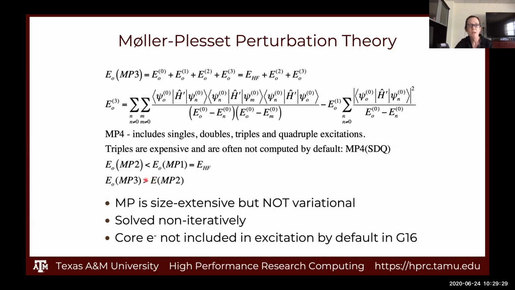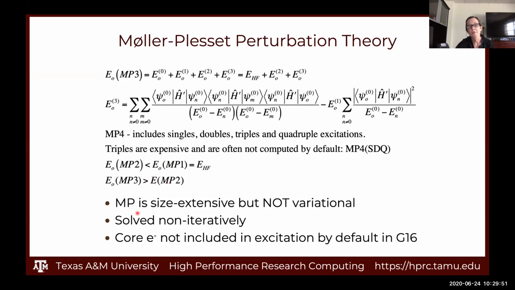The one thing that we know about the Møller-Plesset perturbation theory series is that MP1 is Hartree-Fock, and remember this is variational. But once you go to MP2, that's going to be lower in energy than the Hartree-Fock energy. MP3 is going to be higher than MP2, but past that, you just don't know.